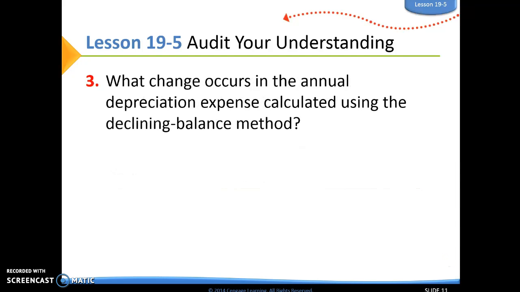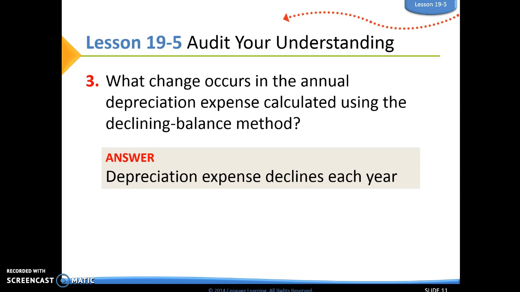Number 3, what change occurs in the annual depreciation expense calculated using the declining balance method? The depreciation expense is going to decline each year, and the highest depreciation will be the first year, and then it will go down after that.